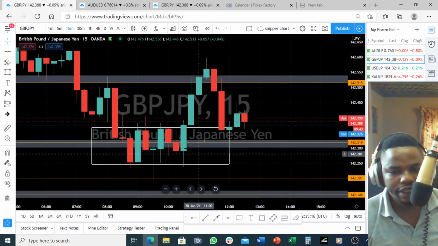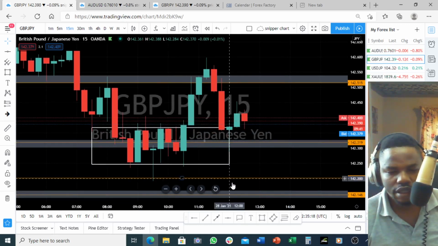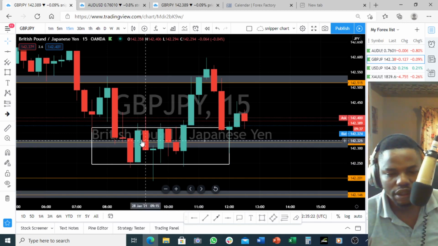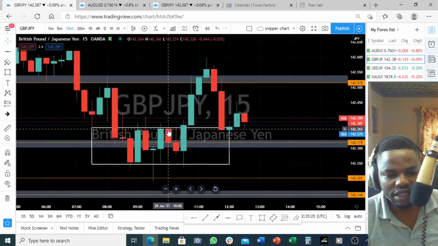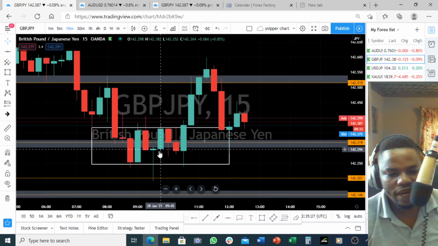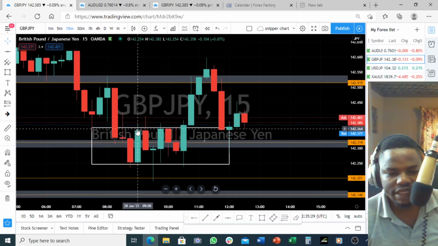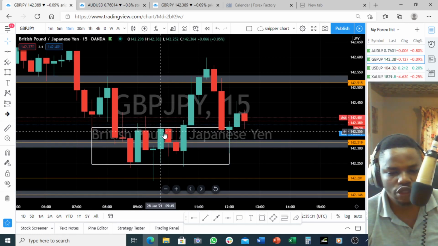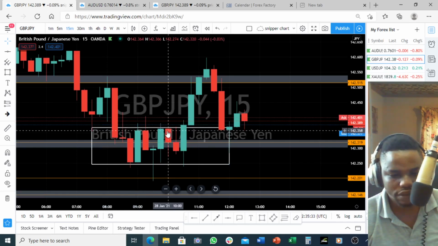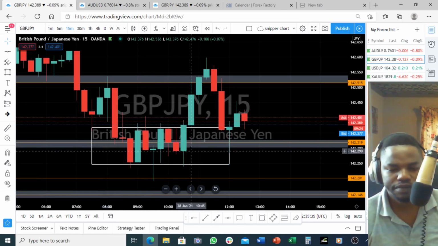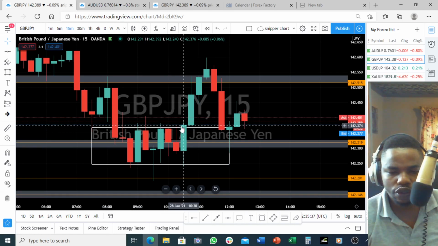This is where your structure plays a part. This level, you want it to break. You want a candle to break and close above this level, not wicks, but the candle close. Then this candle came in and closed above them. This is an entry candle.